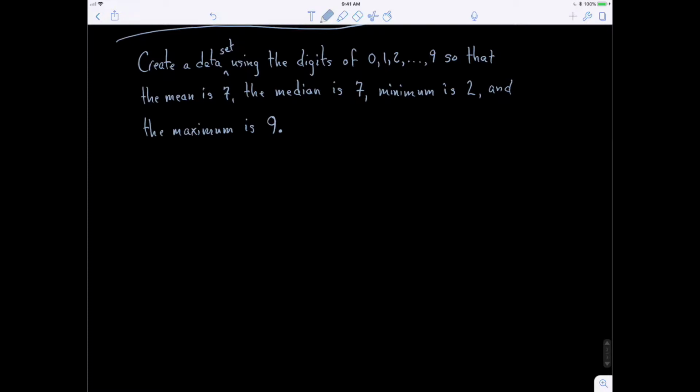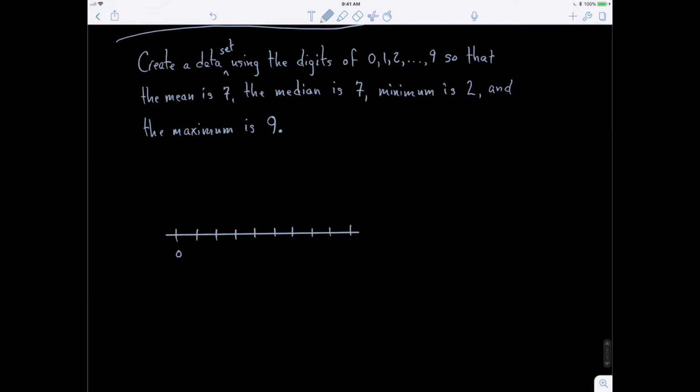Okay, here we go. This is a bit of a logic problem based on what we know about the mean and the median. So I'm going to start out, and I am allowed the digits 0, 1, 2, 3, 4, 5, 6, 7, 8, 9. I think the easiest way to approach something like this is with a dot plot.